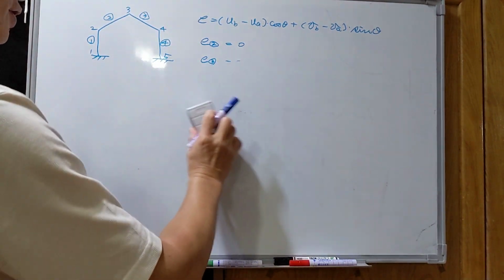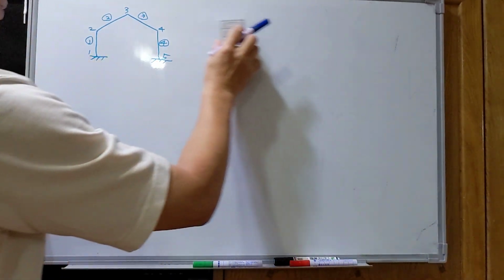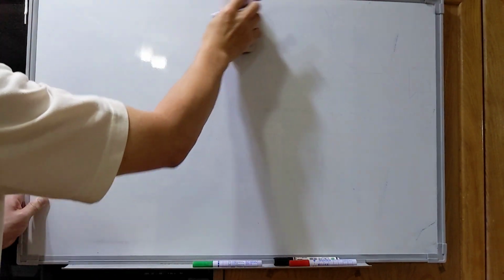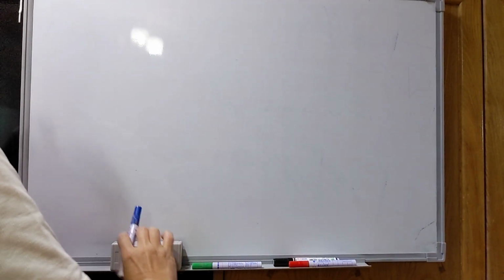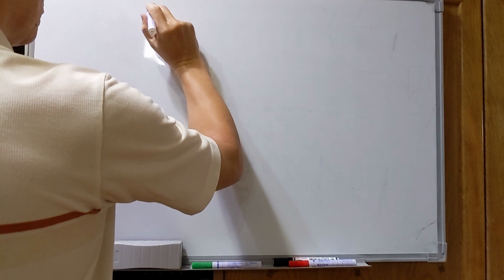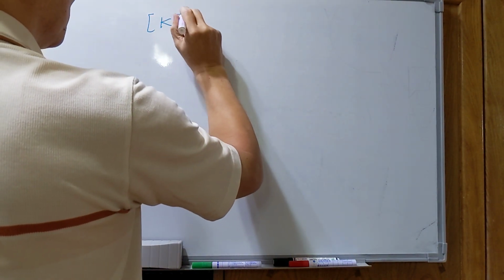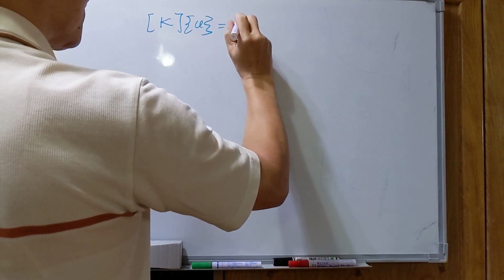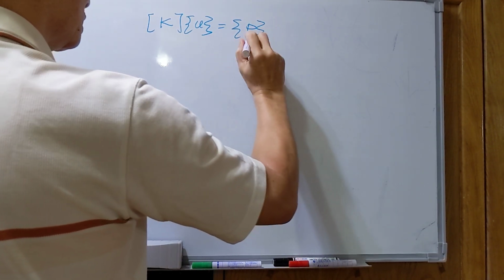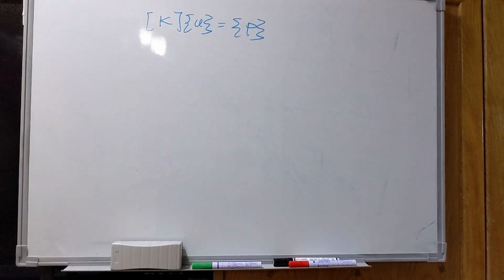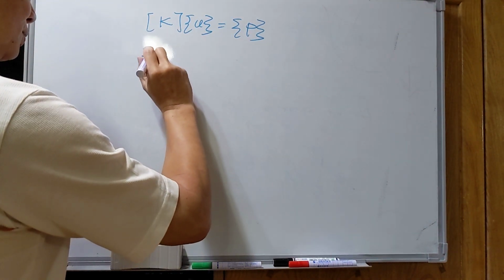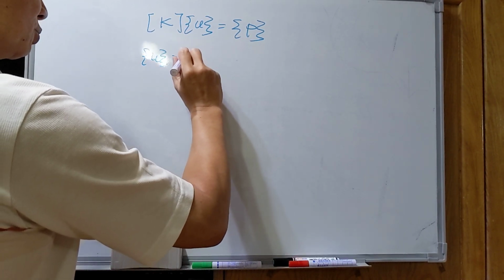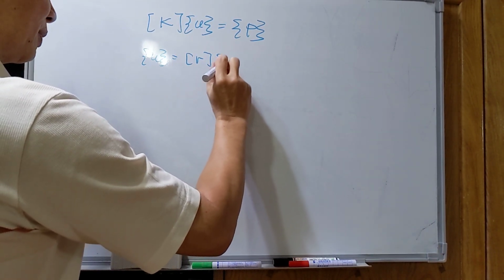Okay, after you finish this, remember we can assemble the global stiffness matrix. Okay, that's the global stiffness matrix. And remember the U is equal to R times U bar.